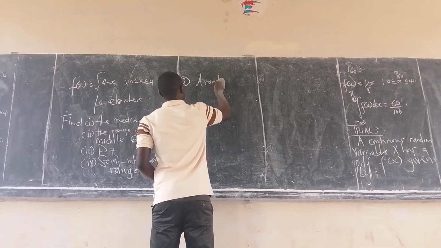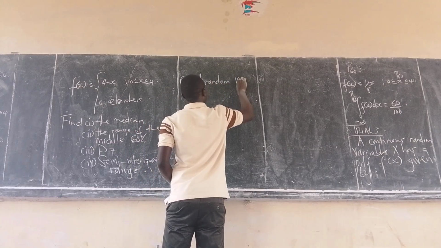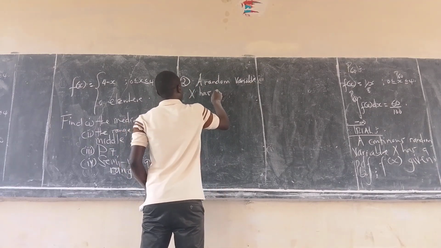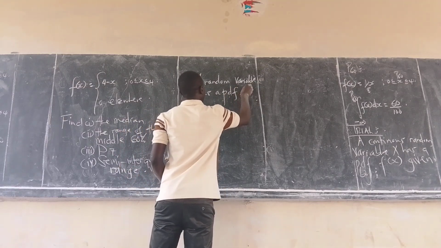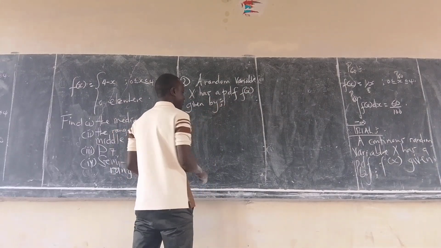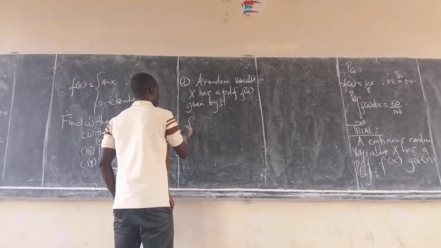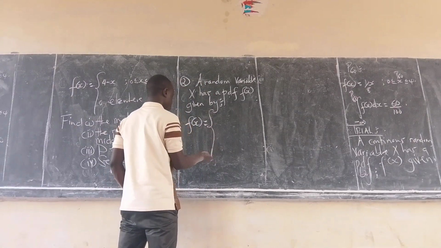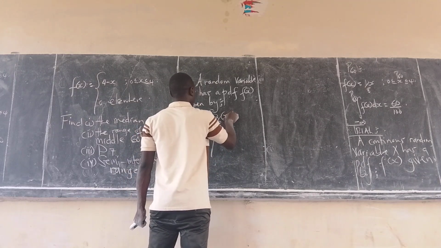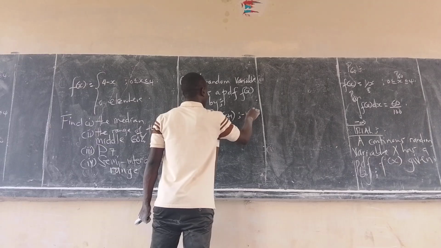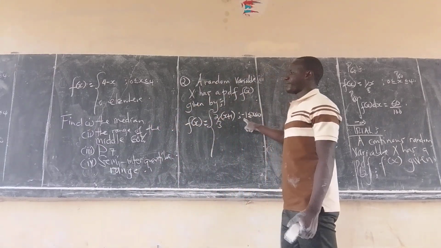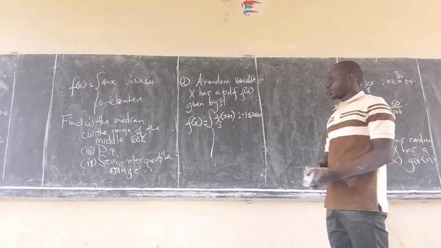So it says that a random variable x has a PDF small f of x given by, so our small f of x is equal to 2 over 3 into x plus 1. This is when x is between negative 1 and 0.